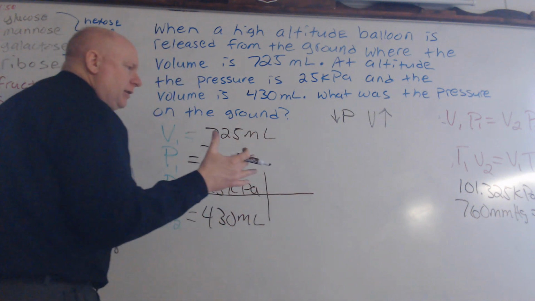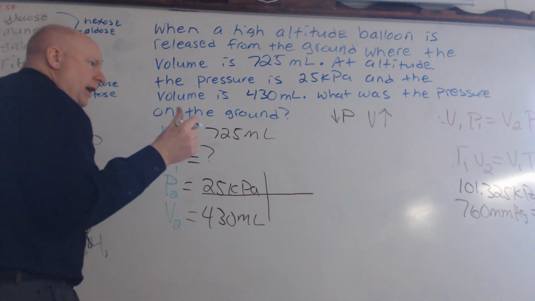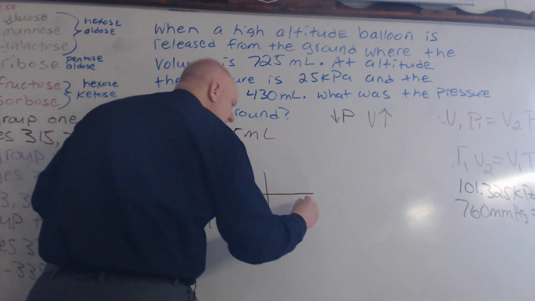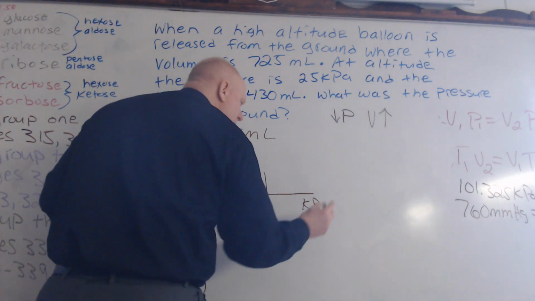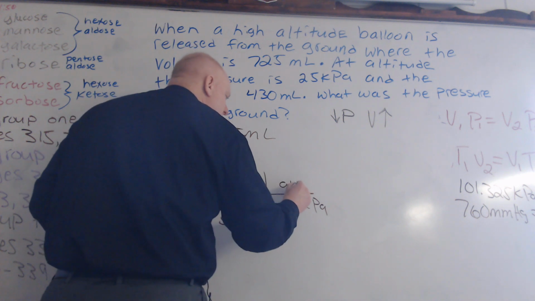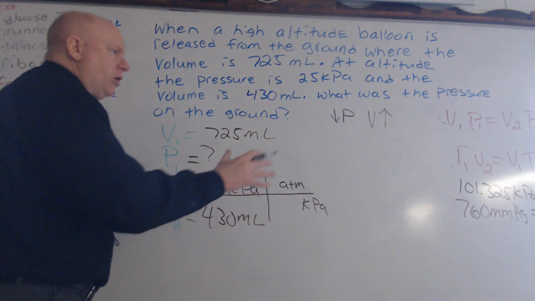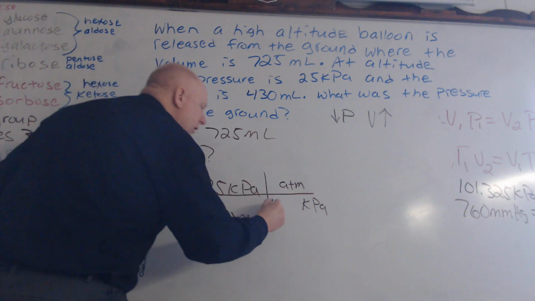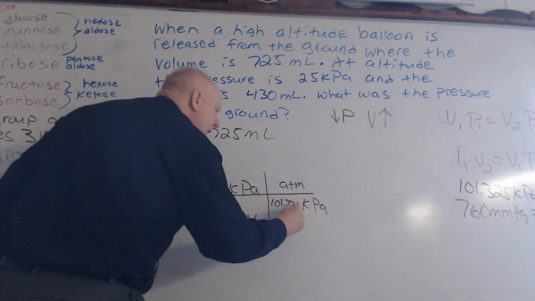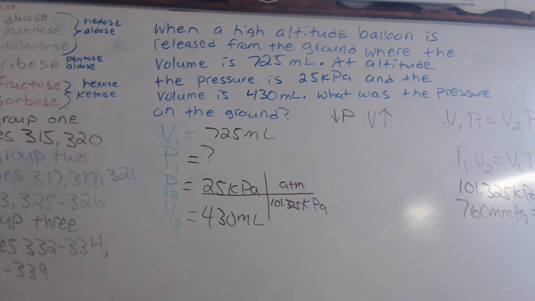But in this case, our conversion factor to cancel kilopascals is to put that down here and then atmospheres up here. And what we showed earlier is that for every 101.325 kilopascals, you're going to get 1 atmosphere.